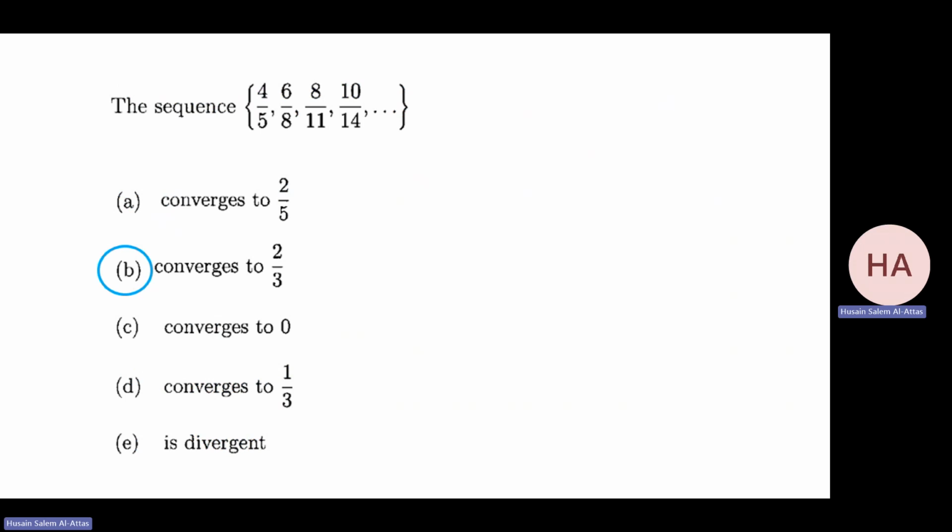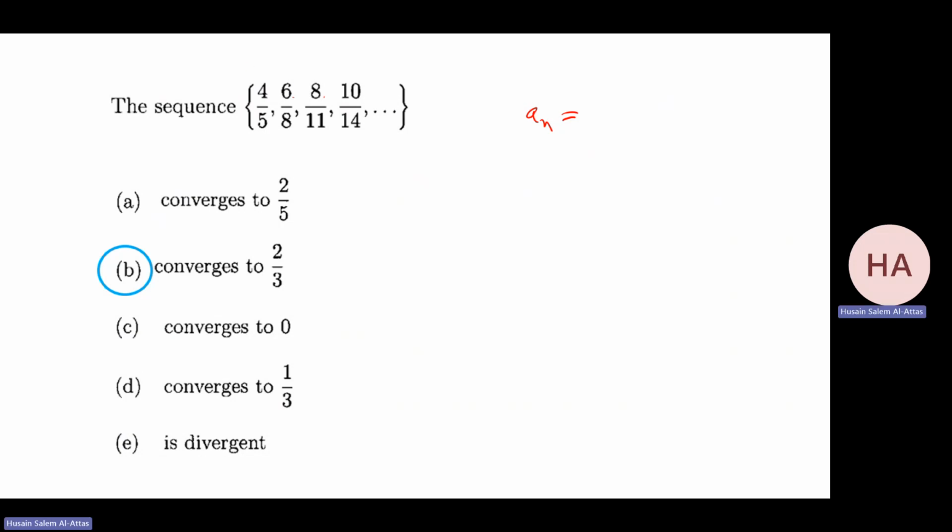This sequence, if you look at it, you're getting what? This is 4, 6, 8, 10. So I want to write the sequence. 4, 6, 8, it will be 2 times what?